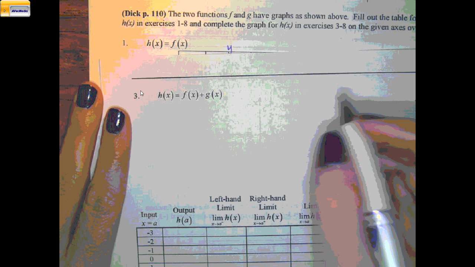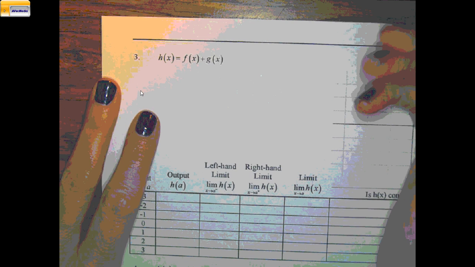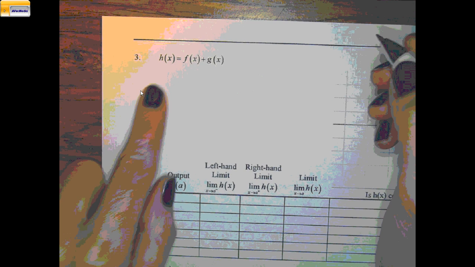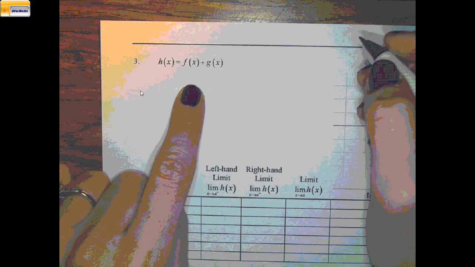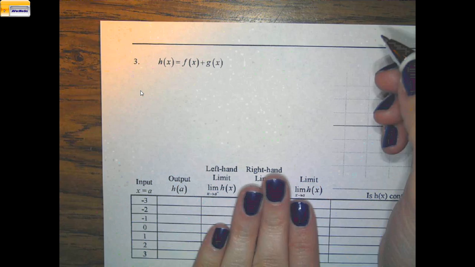So let's look at number 3. Now we're going to chart for h of x where we're adding the 2 functions together. Because we're talking about limits here, everybody write this down.